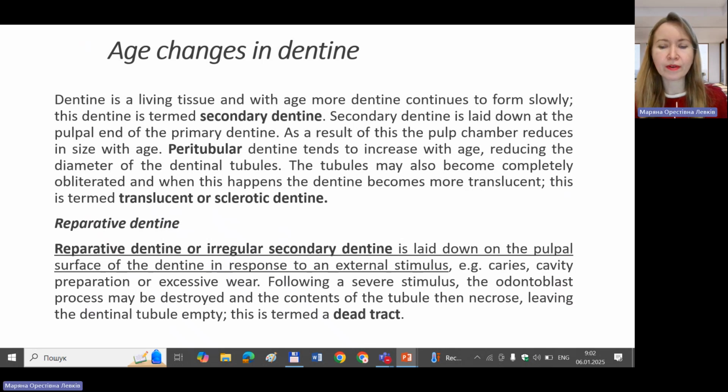Reparative dentine or irregular secondary dentine is laid down on the pulpal surface of the dentine in response to an external stimulus, for example, caries, cavity preparation, or excessive tooth wear. Following a severe stimulus, the odontoblast process may be destroyed and the contents of the tubule then necrose, leaving the dentinal tubule empty, and this is termed a dead tract.